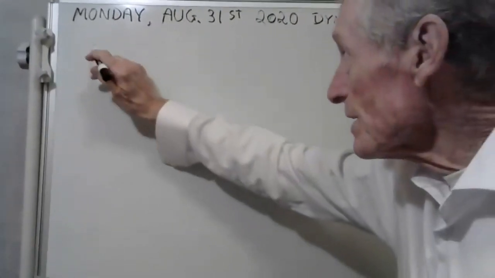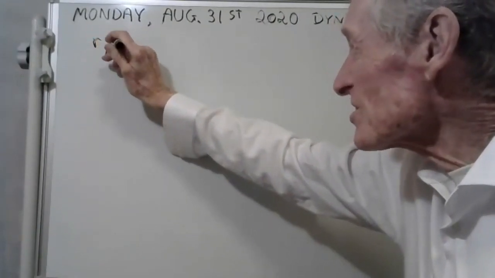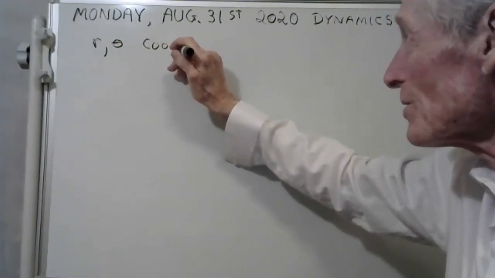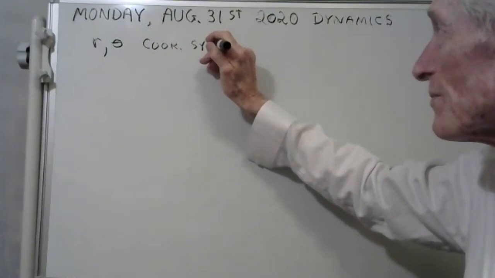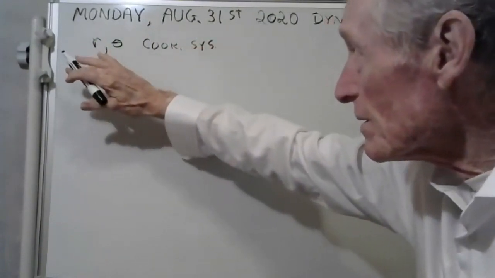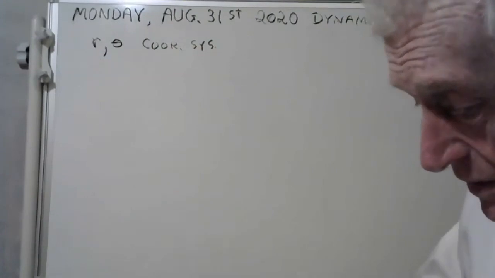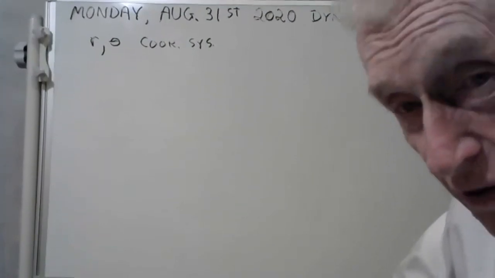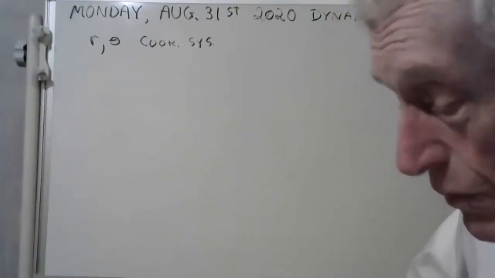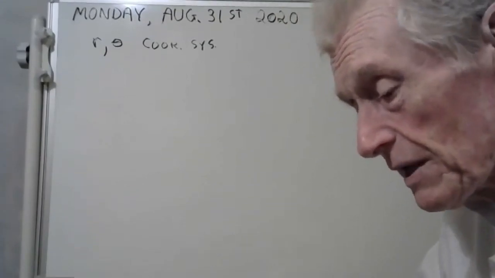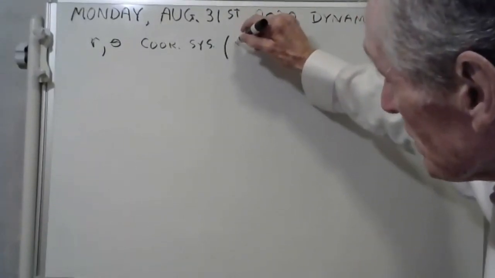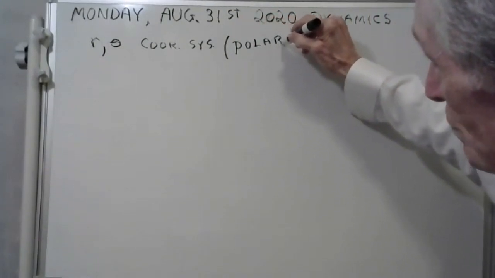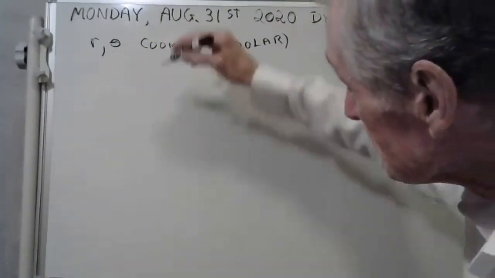The topic for today is this R theta coordinate system, where the R stands for radial and the theta stands for transverse. The radial transverse, but you know it, you've studied it in school. You guys have been calling that polar coordinates. It's just polar coordinates, that's all it is.